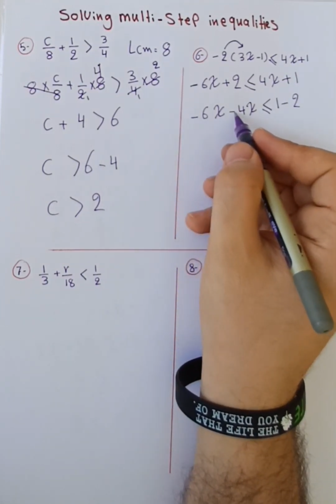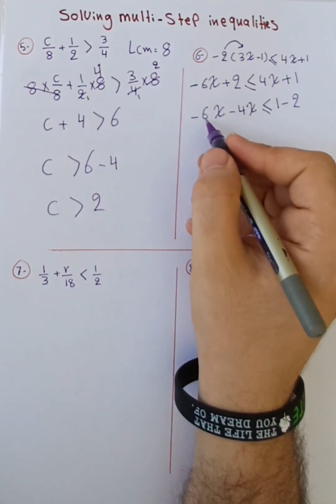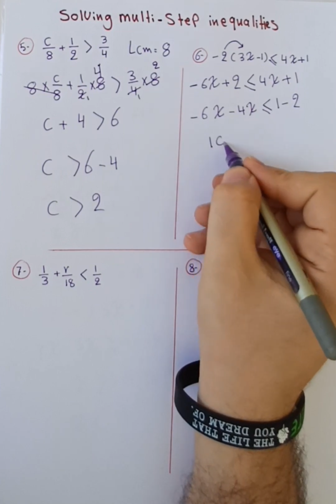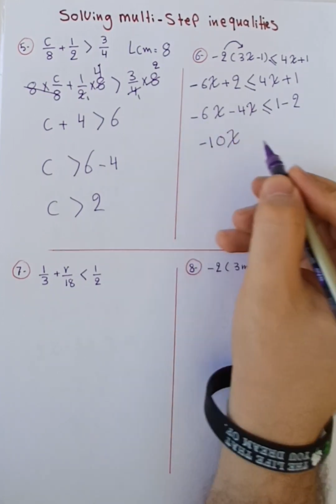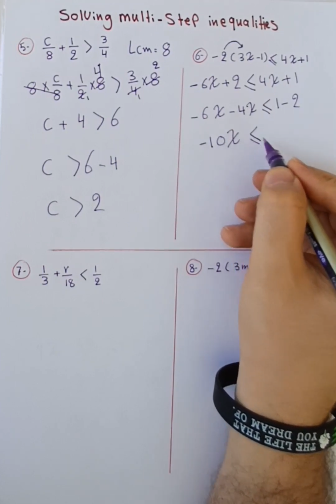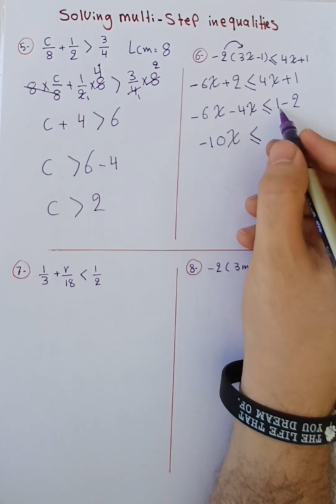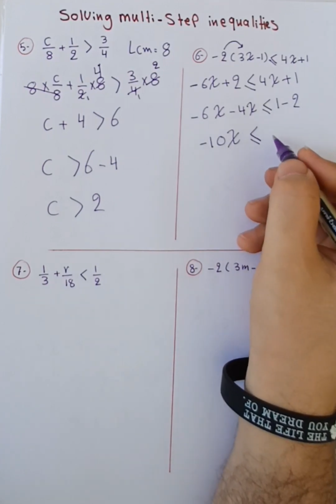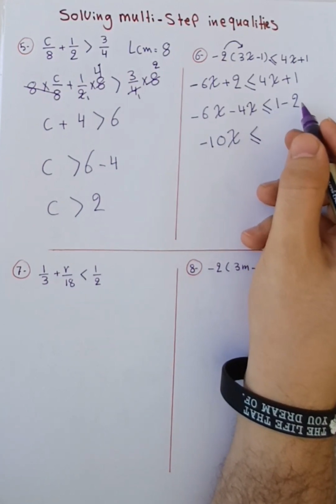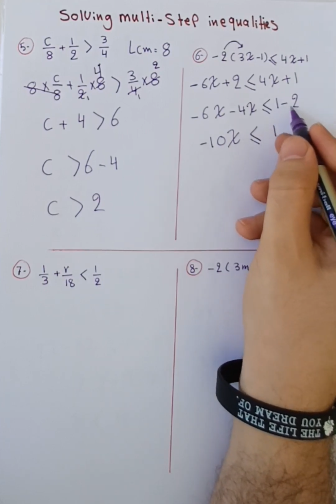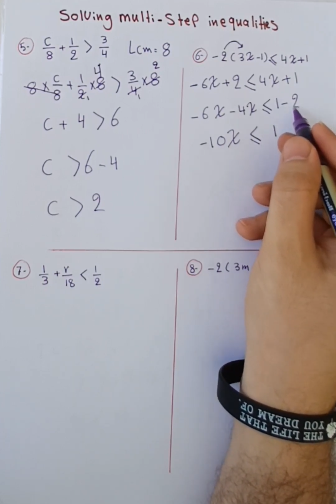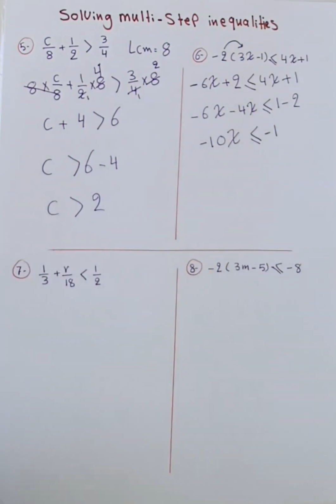Now minus times minus is plus, we have to add these two numbers. 6 plus 4 is 10x. We have to write the sign of the larger number, which is negative. And then we have 1 minus 2, plus times minus is minus, 2 minus 1 is 1. The sign of the larger number, 2, is negative, so you have to write negative 1.